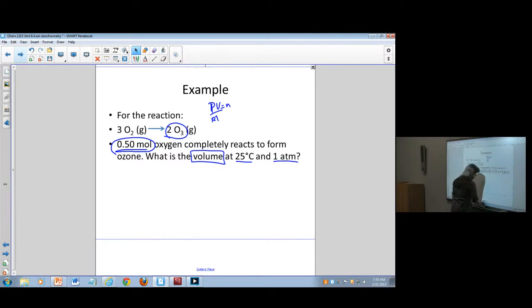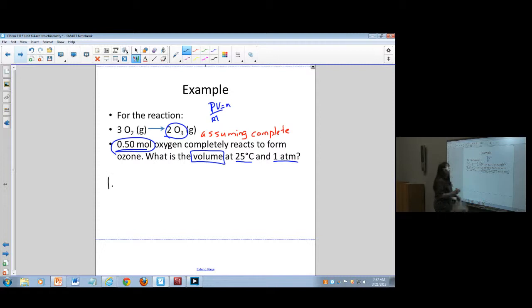I probably should have said in this problem, assuming a complete reaction. So we're going to assume that all of the oxygen is converted to ozone. So my first step here, step 1, since I already am beginning with moles, I'm going to begin with converting moles of O2 to moles of O3.